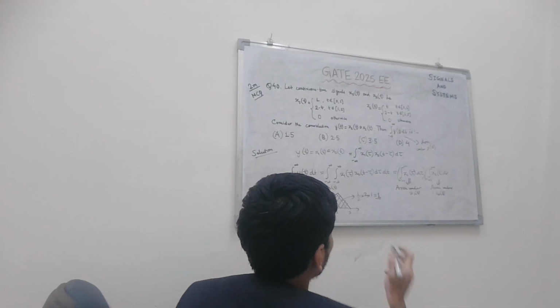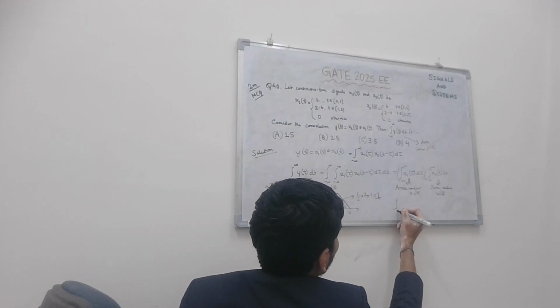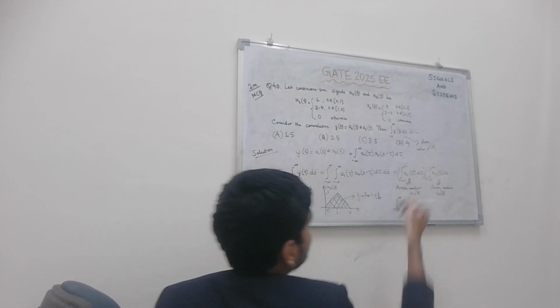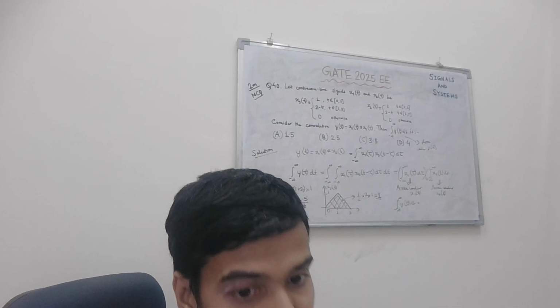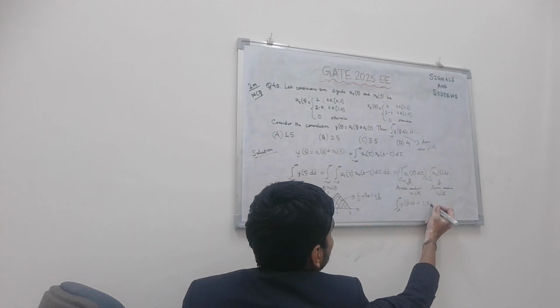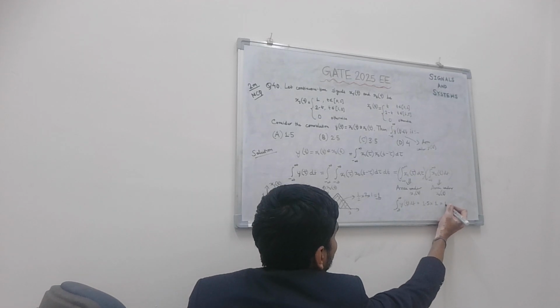So the integration minus infinity to infinity of y(t) dt will be equal to what? The product of the areas under x1(t) and x2(t), which will be equal to 1.5 into 1, that is again 1.5.